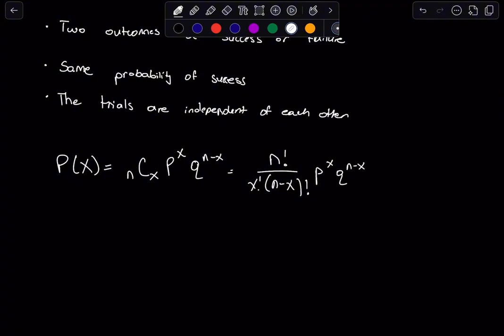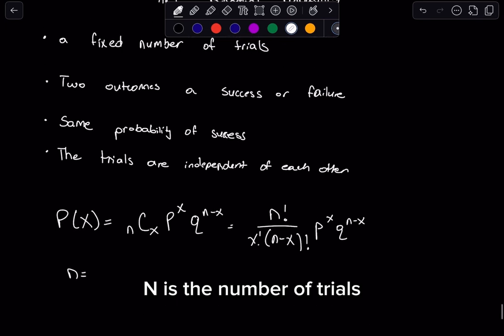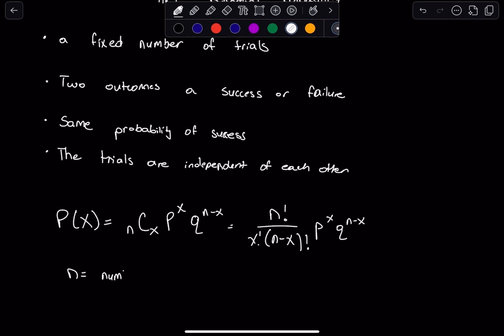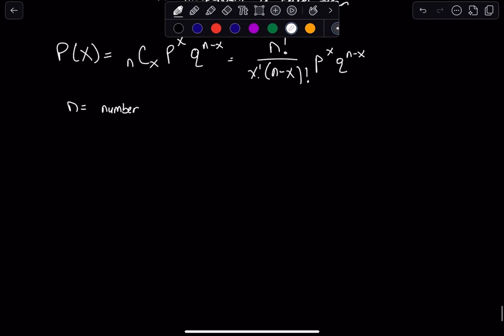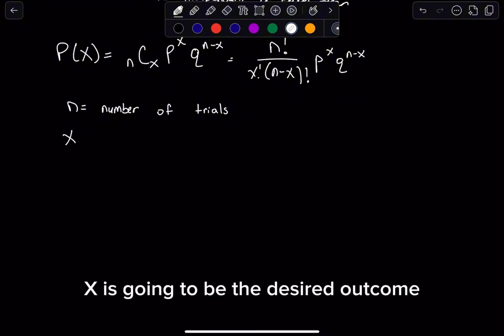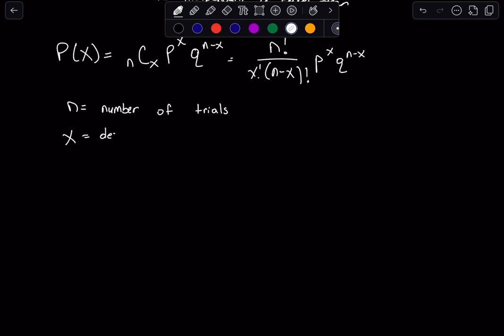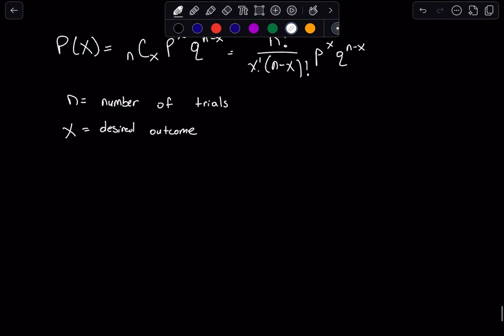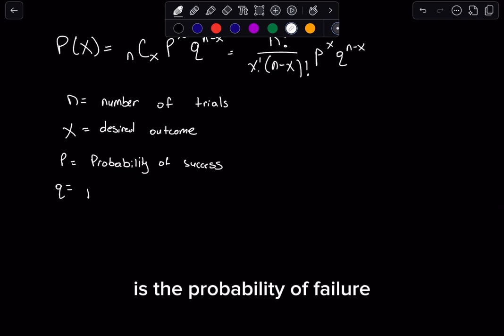In this case, n is the number of trials, X is going to be the desired outcome, P is the probability of success, and Q is the probability of failure.